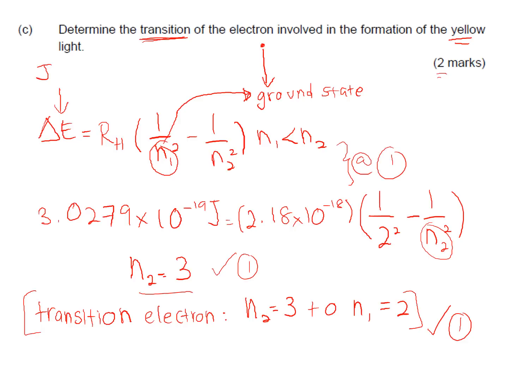So there is an extra mark here. Total for question number 4 is 5 over 5. Even though you get 6 over 5, max we will take 5 over 5.